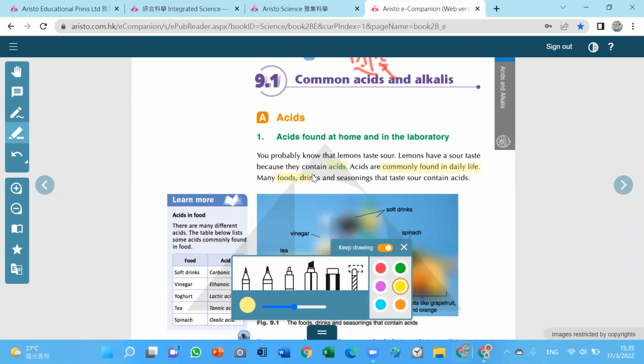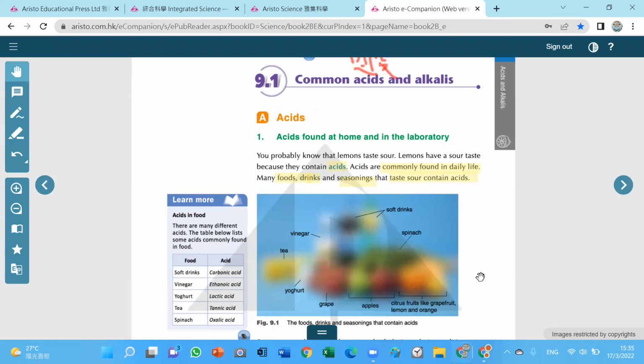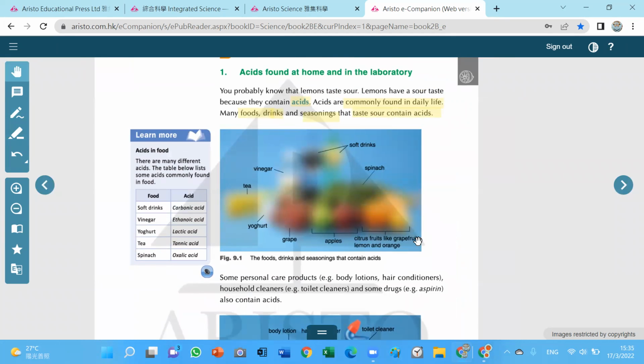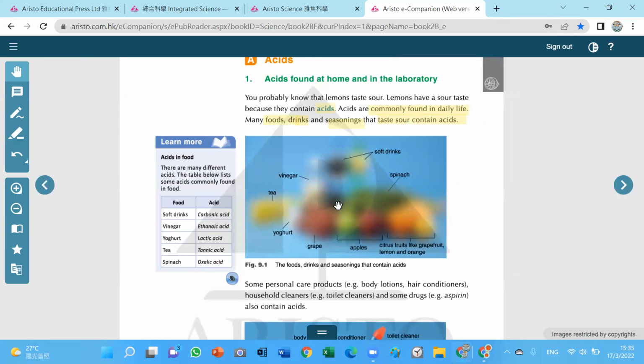Many foods, drinks, and seasonings that taste sour contain acid. You can see figure 9.1. I think this photo is a little blurred, so you can refer to your book. This one is the tea, ginger, yogurt, grape, apples, spinach, and soft drinks.